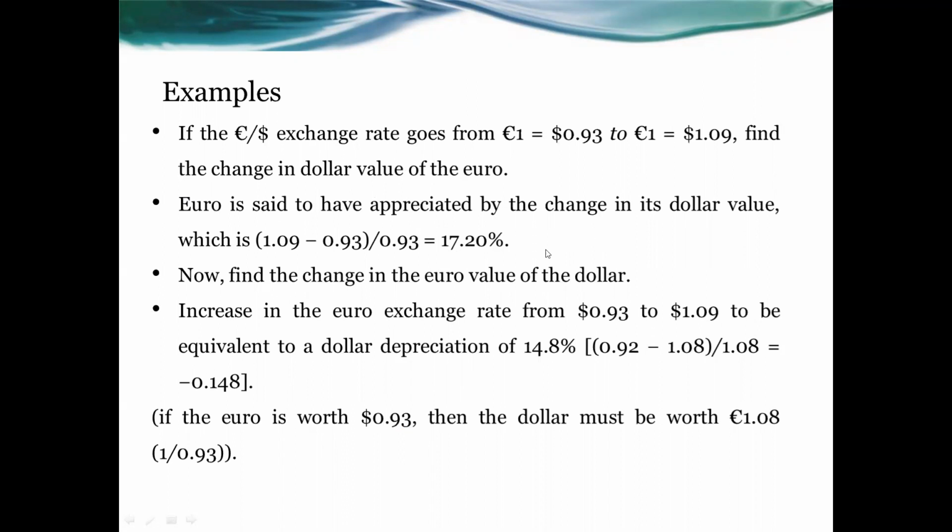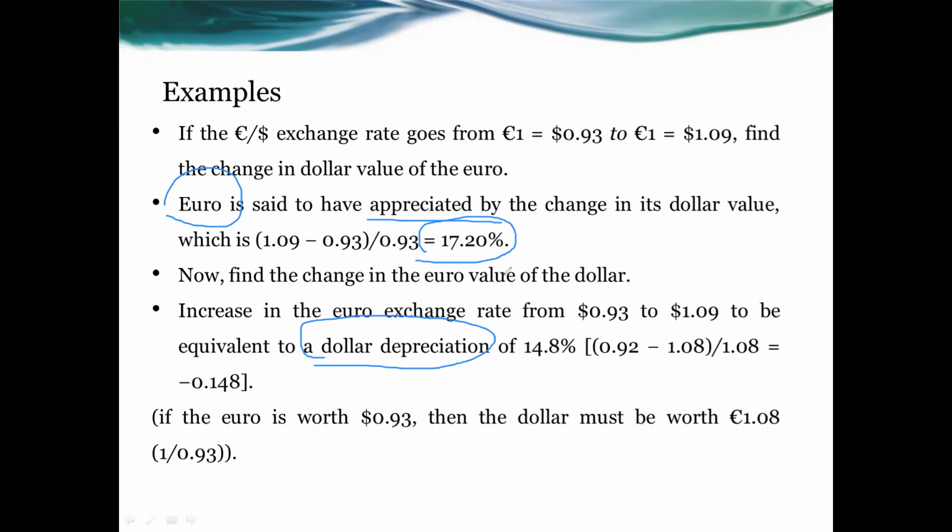And we can take it the other way around, right? Now we are considering the euro, whether the euro is appreciating or depreciating. When we are looking at it, the euro is appreciating against the US dollar. Now, if you are considering the US dollar, in terms of the US dollar, it is depreciating, right?